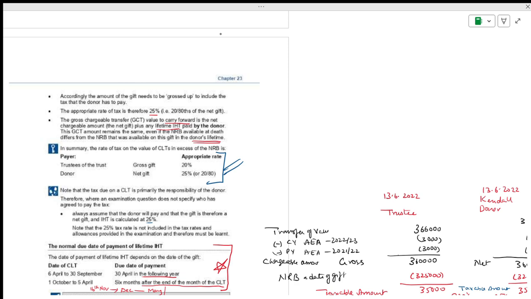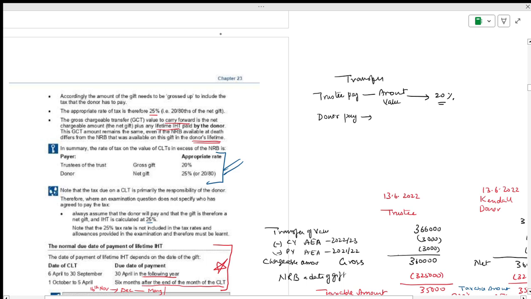Take this example, okay? You are transferring, is it right? If the trustee pays, then whatever the amount of value he received, on that amount he will pay tax. Now, if the donor is paying, definitely what will happen?